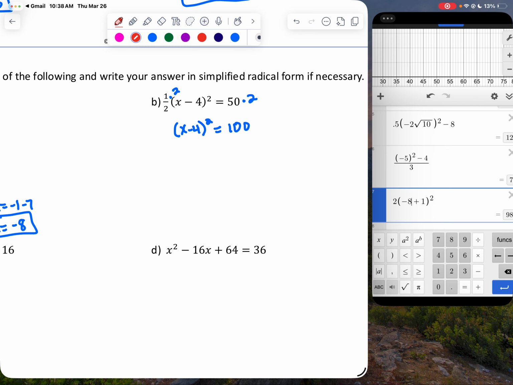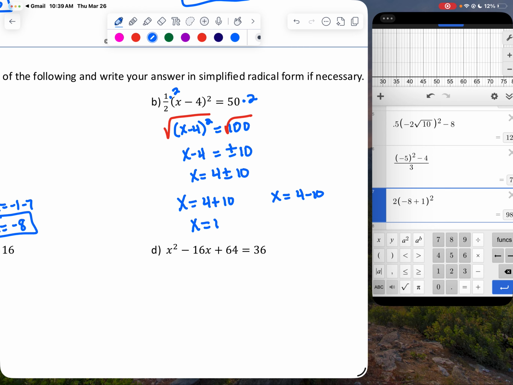Now that you have your squared term isolated, take the square root of both sides. So that would be x minus 4 on this side. The square root of 100 would be plus or minus 10. Now move the negative 4 to the other side and make it positive 4, plus or minus 10. So x equals 4 plus 10, or x equals 4 minus 10.